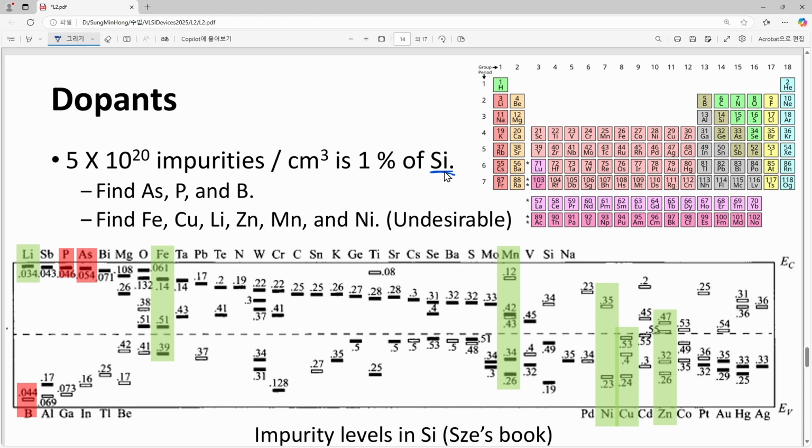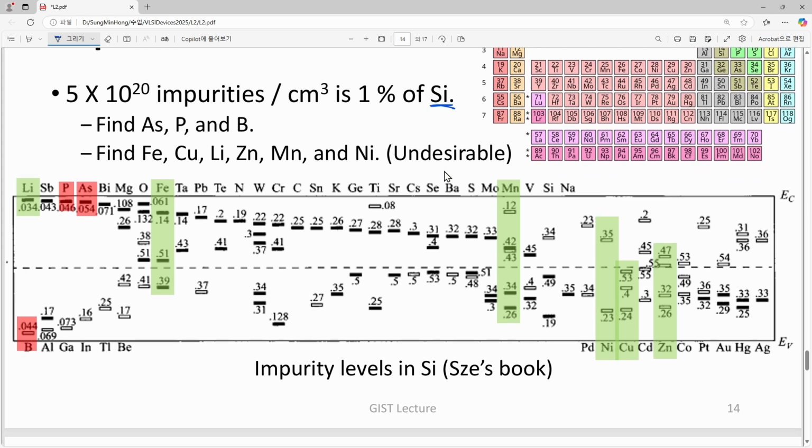So in this case, our impurity atoms introduce certain additional energetic states in the silicon forbidden zone. This is the conduction band minima, and this is the valence band maxima. Here we have the forbidden zone, and certain impurities introduce given energy levels.